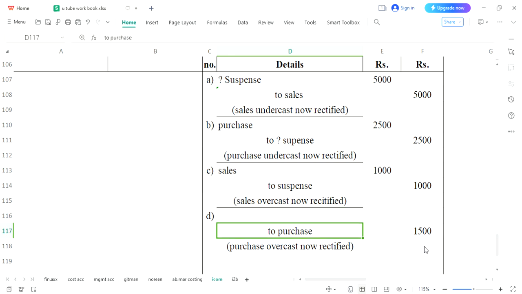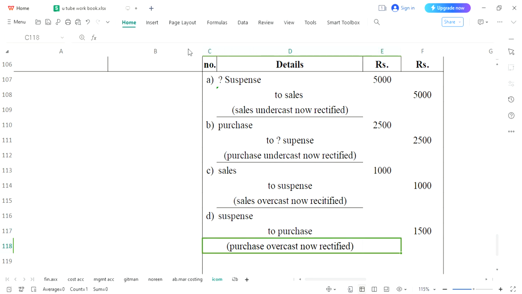We have written purchase. Nothing is to be written over here, but for the time being we will choose the word suspense on debit side. In this way, when you see purchase overcast, you will write suspense to purchase. In this way, four entries were given in your question, and we have rectified all four entries.